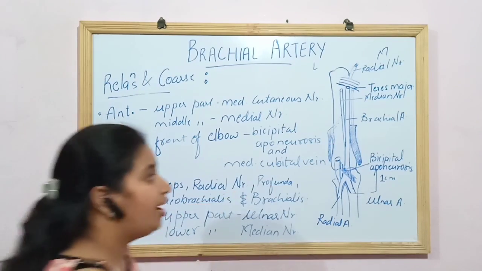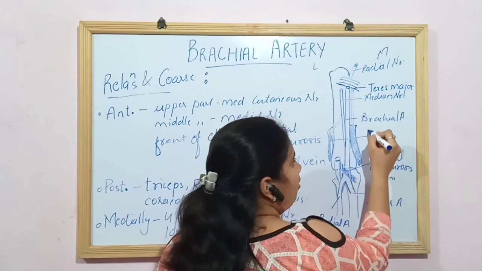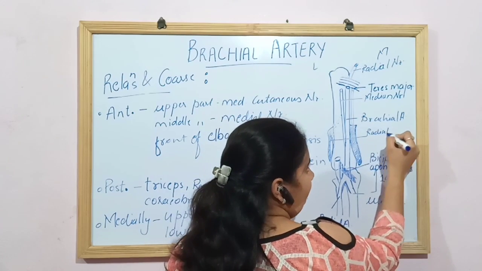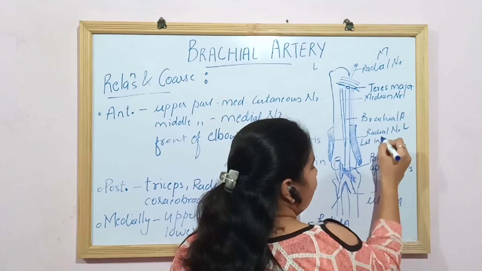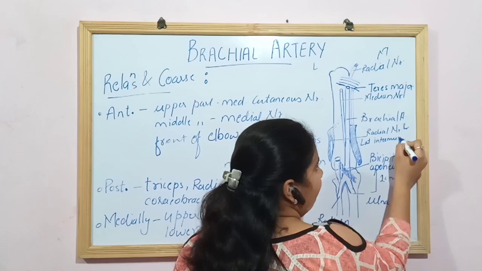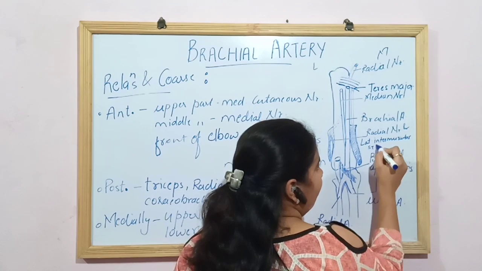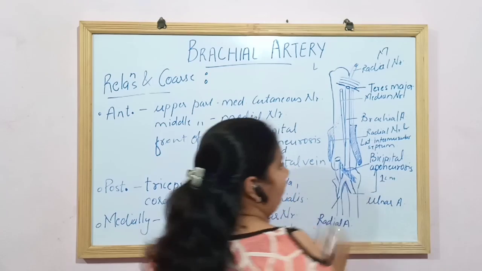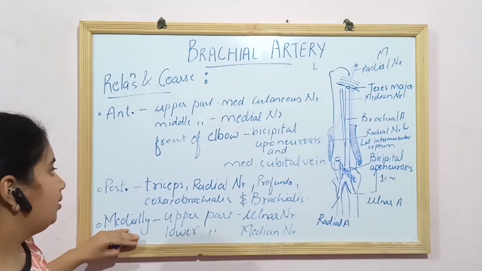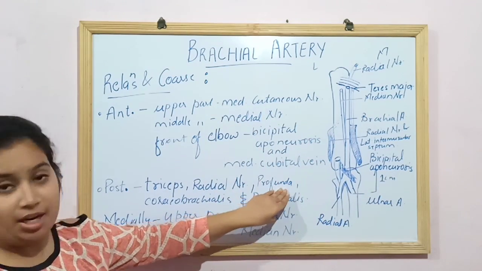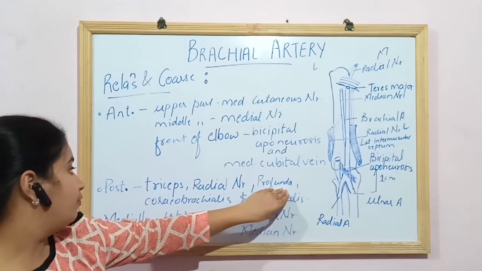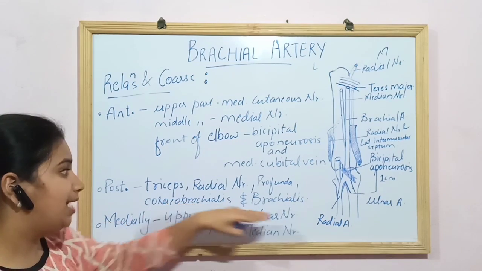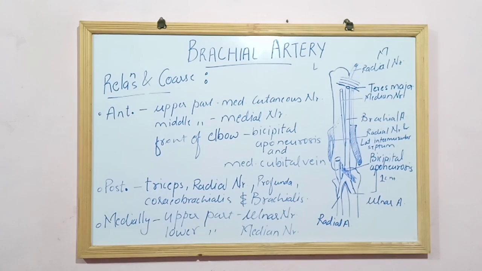This is the radial nerve and the lateral intermuscular septum. And the radial nerve, the profunda brachii artery, which is also a branch of the brachial artery, and the coracobrachialis muscle and the brachialis muscle.